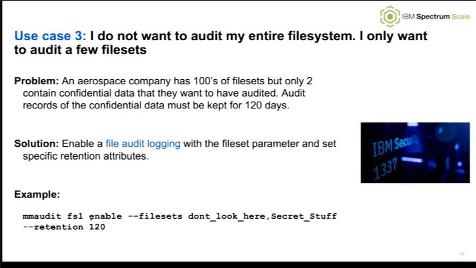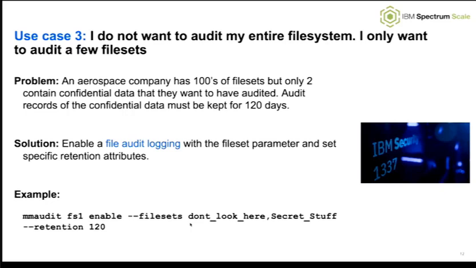So as you can see here, the user can pass the audit command. They can enable it on the file system FS1. And by passing in this filesets flag here, you pass in a comma separated list of filesets. Now those filesets can be dependent or independent, it doesn't matter. And you can pass in, like I said, a comma separated list.